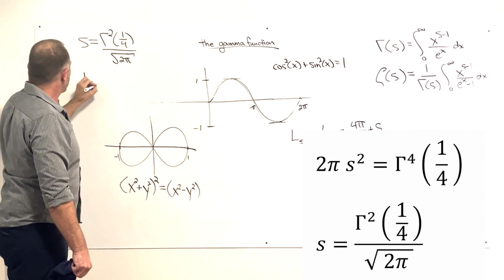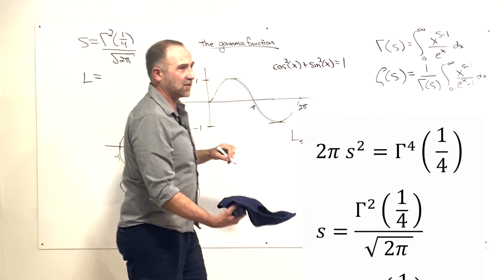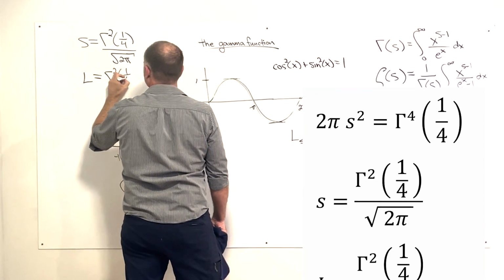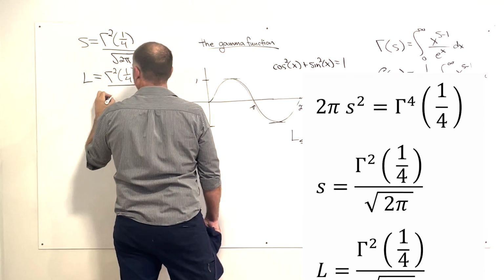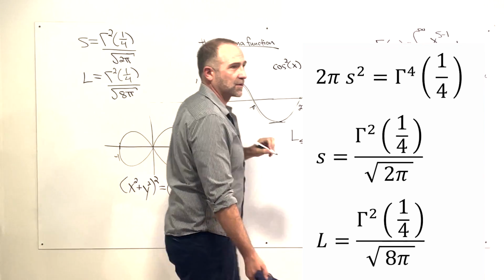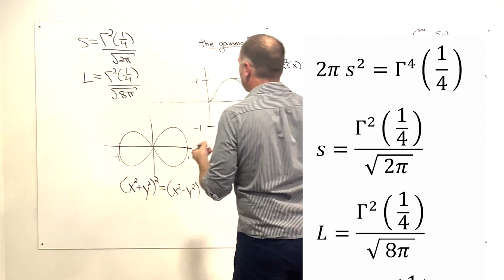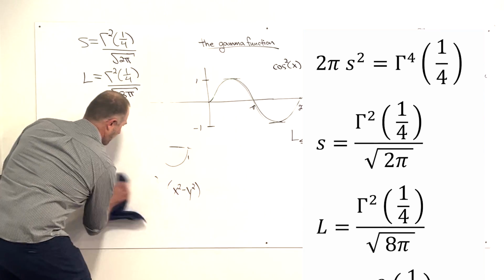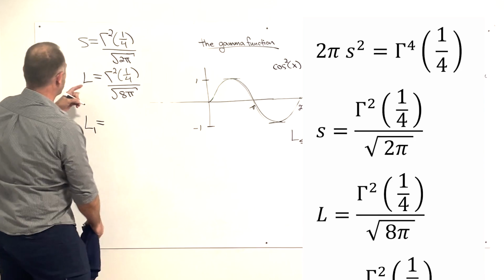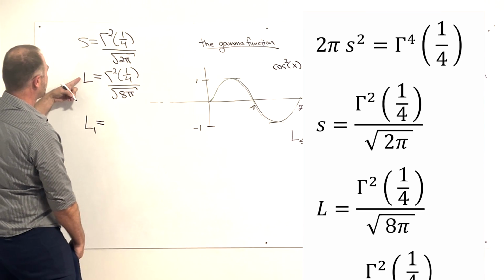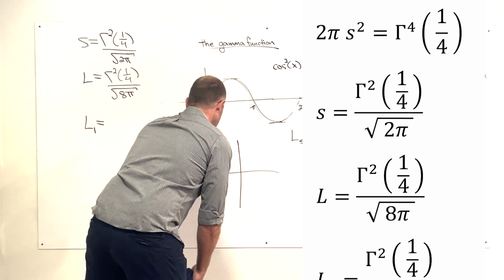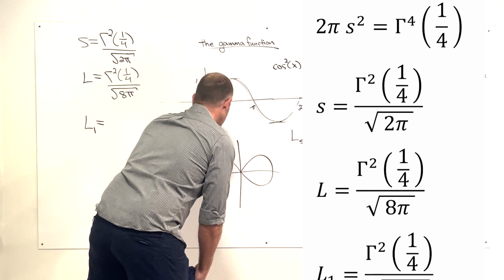Okay, so L, can you guess? What's exactly half of the Lemniscate? Half of this one? No, like in the actual graph. What point is exactly half of the Lemniscate? This is the full length.